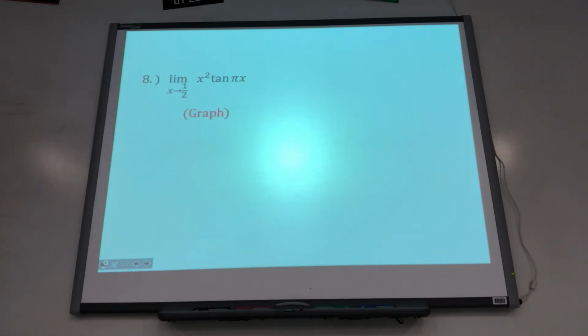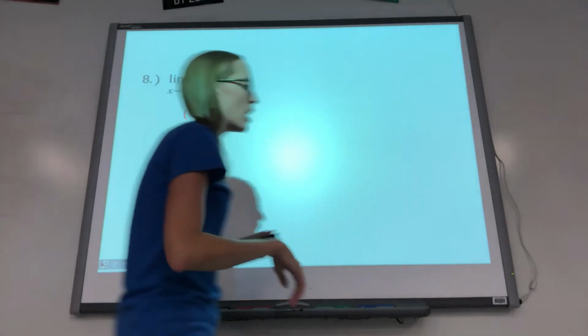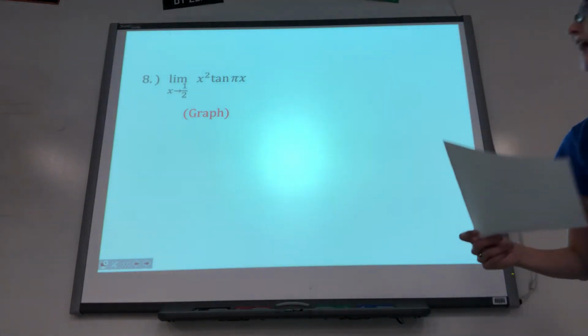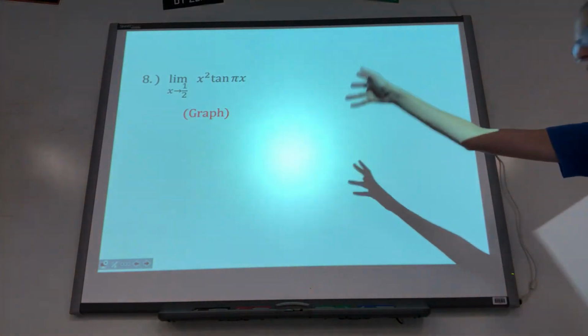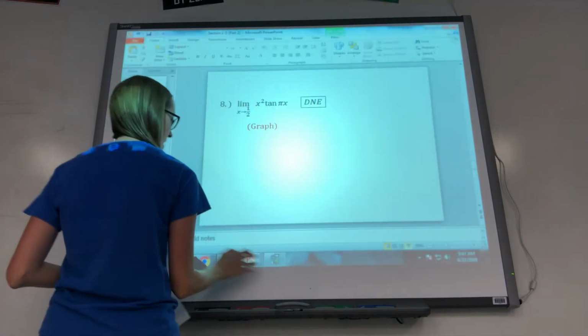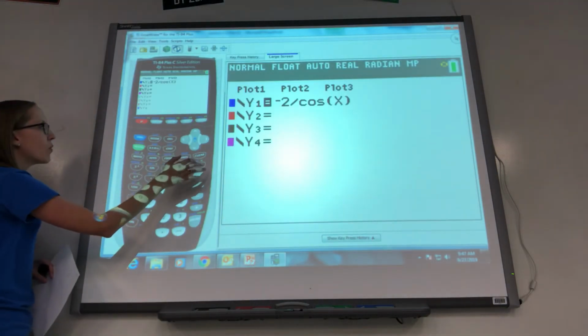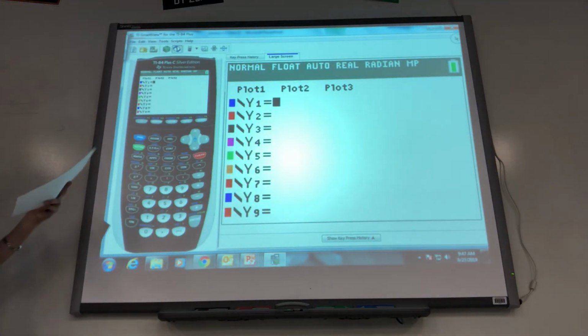So this might be another problem where the only option is to graph. So I'm going to have to type this in. I'm going to approach 1/2, and notice it's from both sides, and we'll see what our limit is.